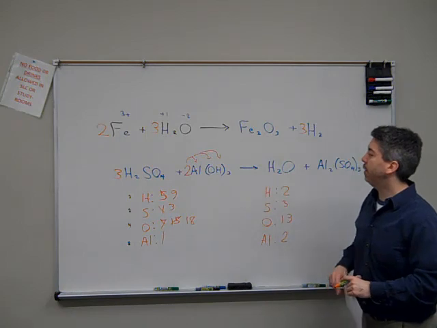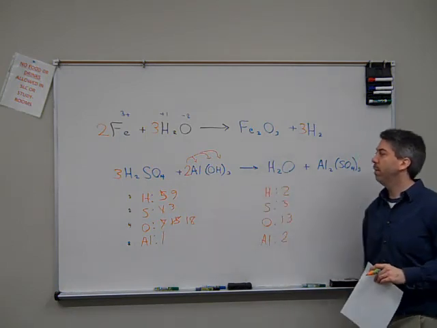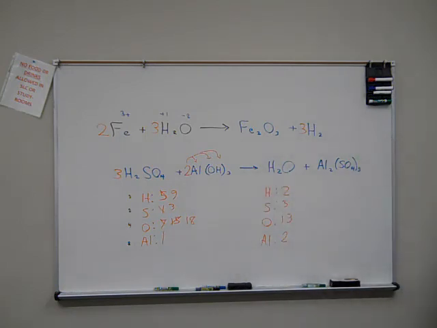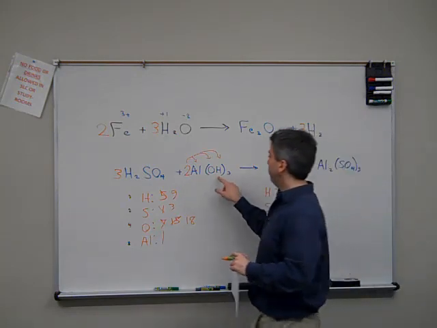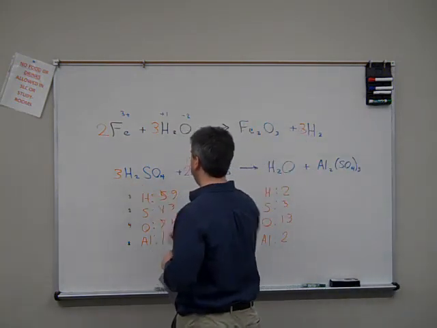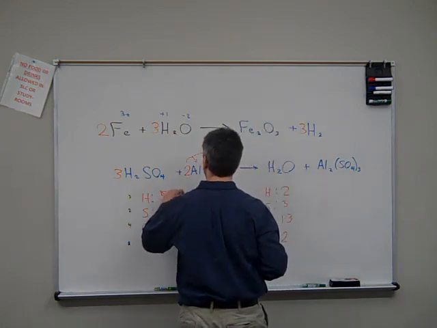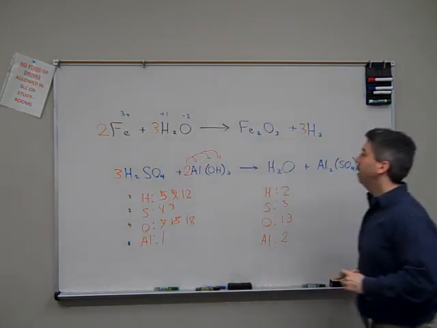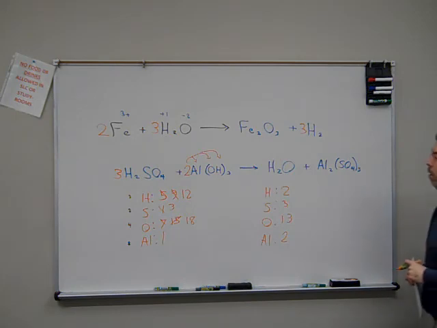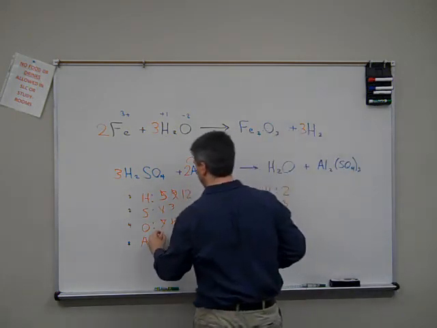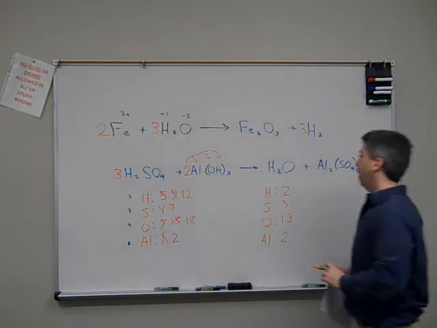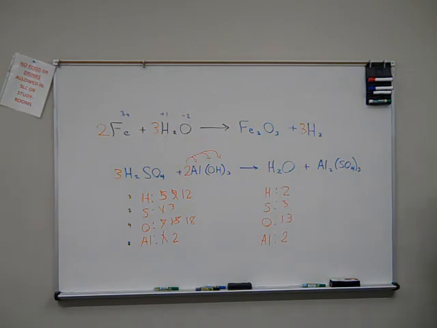How many hydrogens do I have on this side now? 2 times 1 times 3 is 6, plus 3 times 2 is 6, so 6 plus 6 is 12 hydrogens. And I also have 2 aluminums.